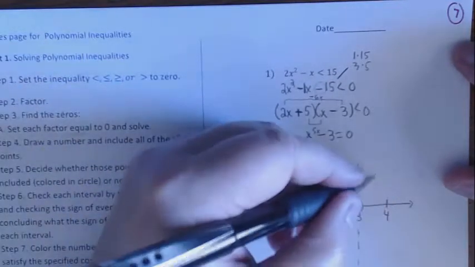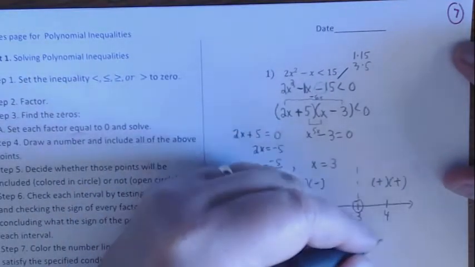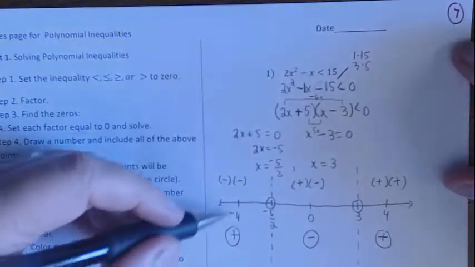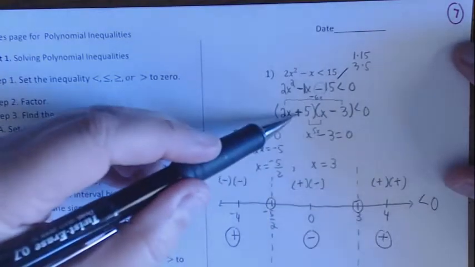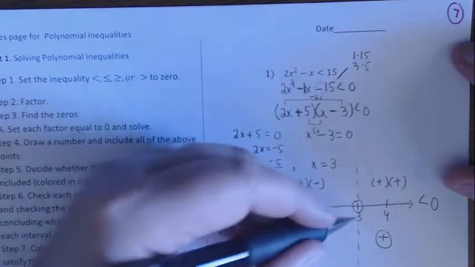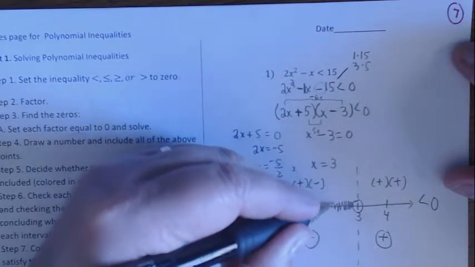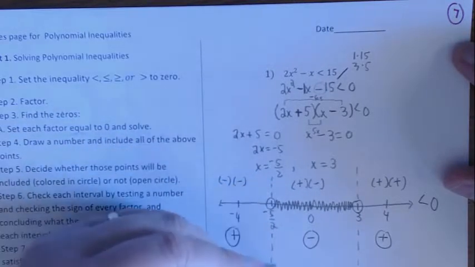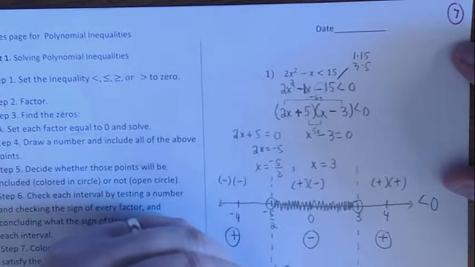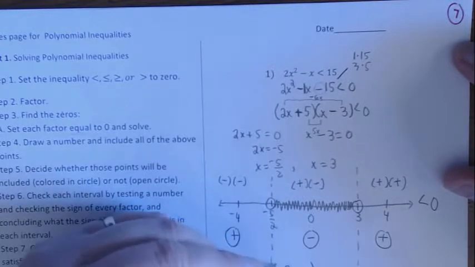And if I pick 4, I get a positive times a positive, which is positive. So now I know the behavior of every number, and I want only the x values who give me y values that are less than 0. So that's the negative region. So the answer is parentheses, negative 5 halves, comma 3, close parentheses.